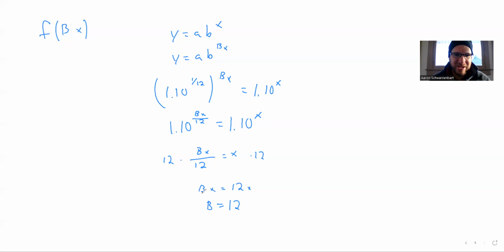So it's always dangerous to just divide by x, because it eliminates some answers like 0. But in this case, it does work out for all non-zero ones, B has to be 12, and that's what we're trying to get at.